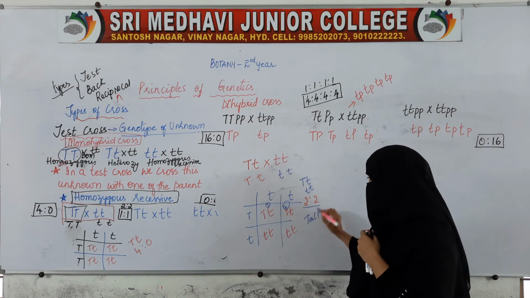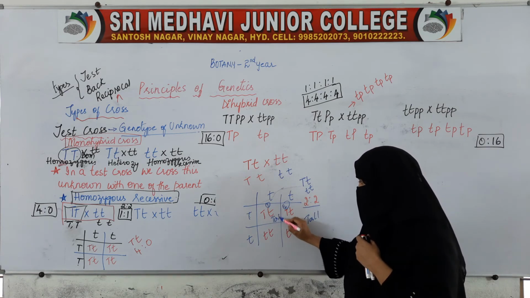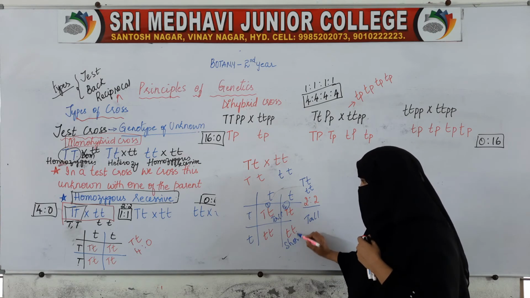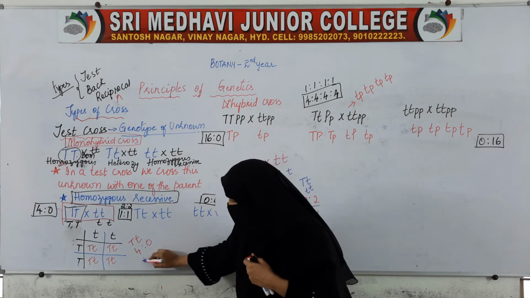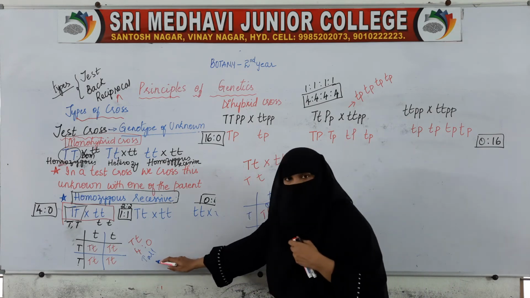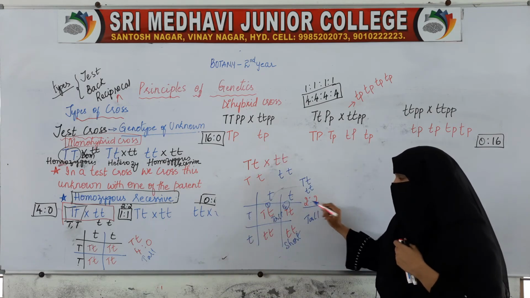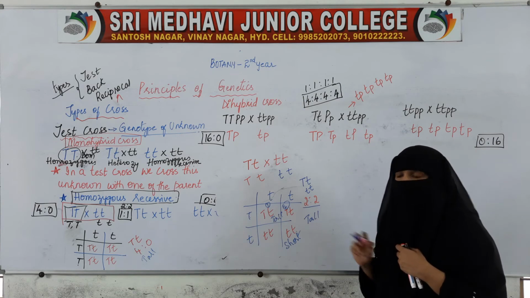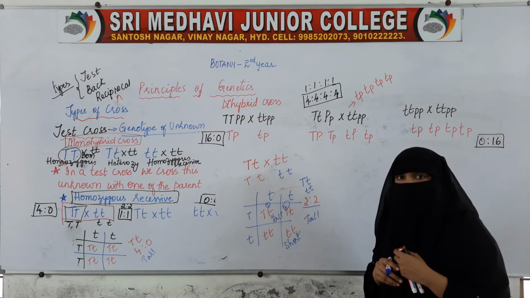Here all 4 of them are tall. Here 2 are tall and 2 are short.